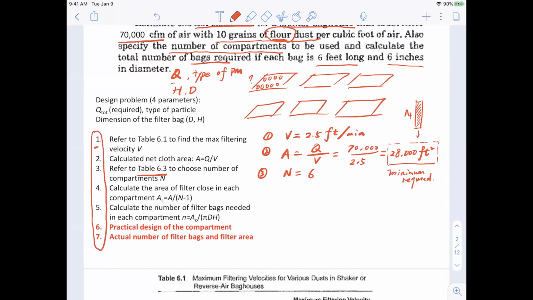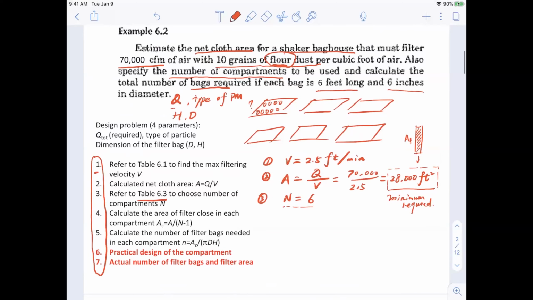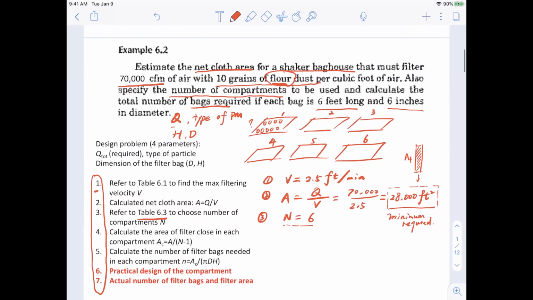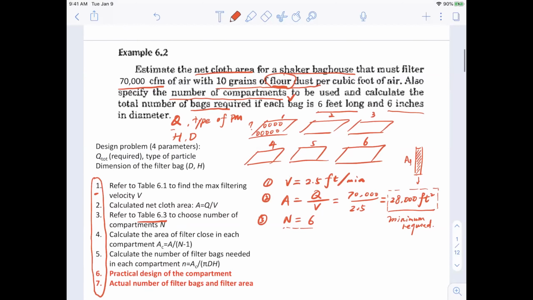Now, once we get to this step, we need to come up with a detailed design of each compartment. What this tells us is that we've decided that we're going to build 6 compartments: 1, 2, 3, 4, 5, 6, right? The problem wants us to calculate the number of compartments, and we have already got this. That's going to be 6. It also wants us to calculate the number of bags required for each compartment.